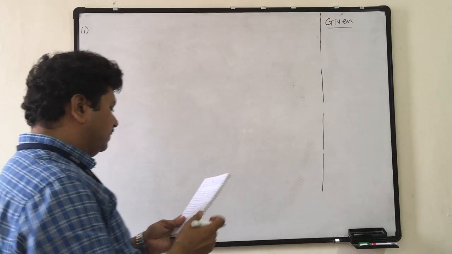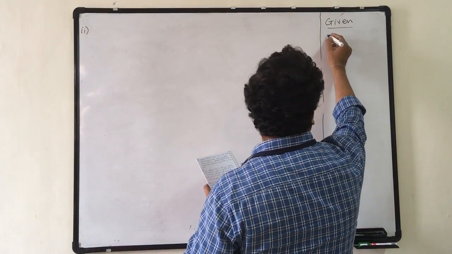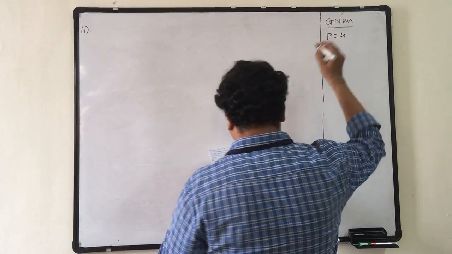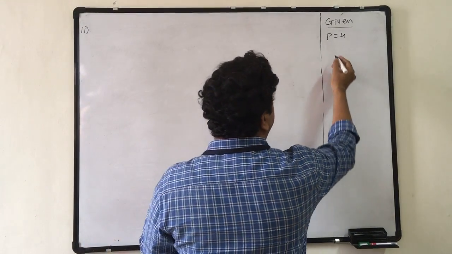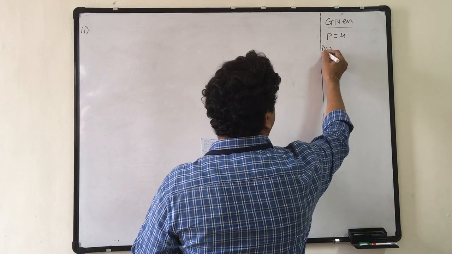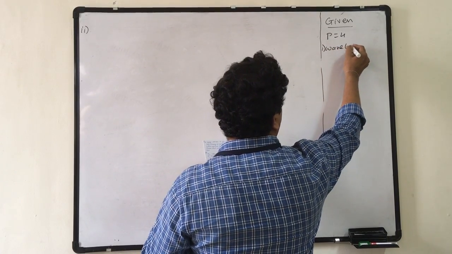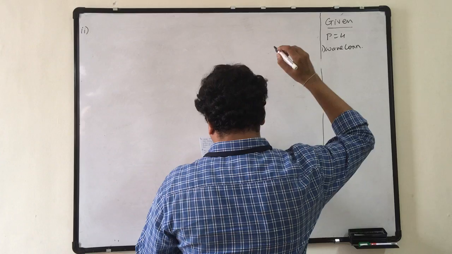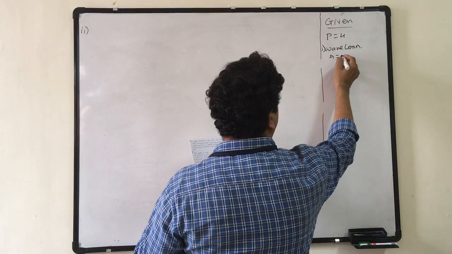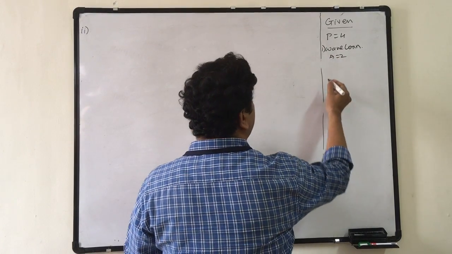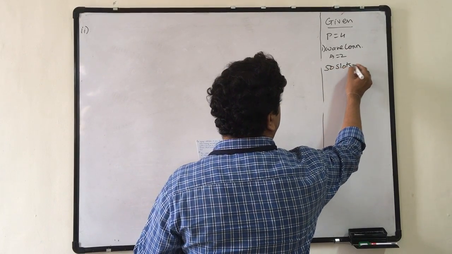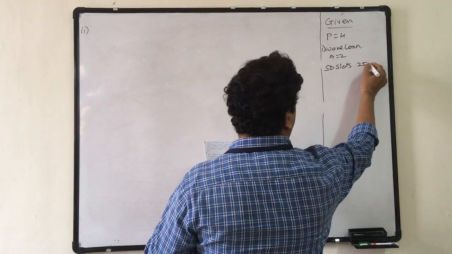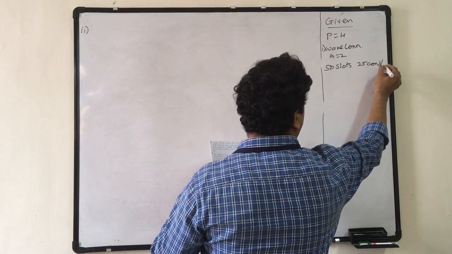So, number of poles are 4. It is a 4-pole wave connected generator. First case is wave connected, here A is equals to 2. Generator has got 50 slots with 25 conductors per slot.